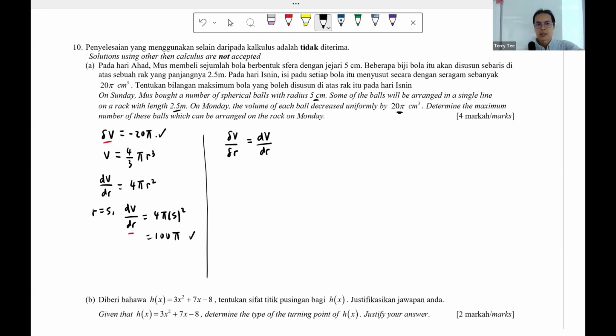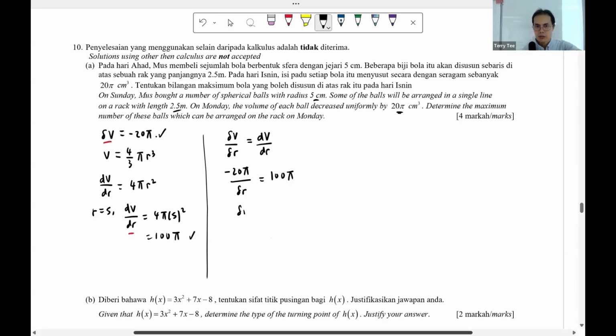You know your delta V. Your delta V is negative 20 pi. You are finding your delta R. You know your dV dr, 100 pi. So 20 divided by 100, you can use your calculator, you can cancel pi and pi. 20 divided by 100, cancel the whole thing, is 5, so it's negative 1 over 5. Negative 1 over 5 is negative 0.2.